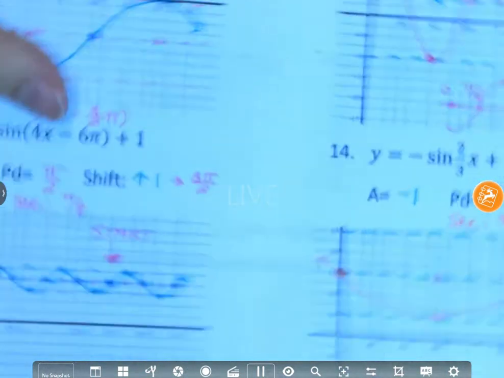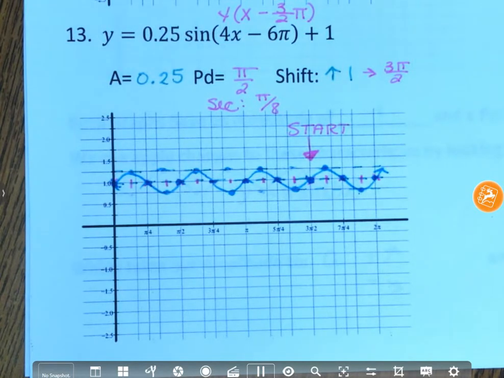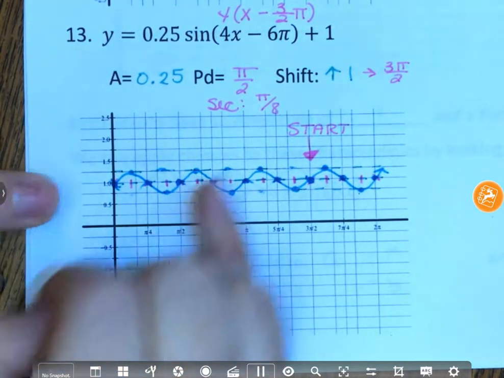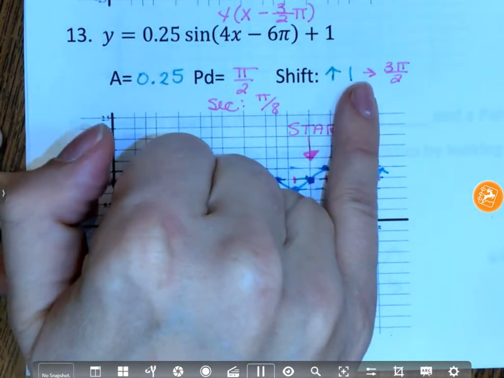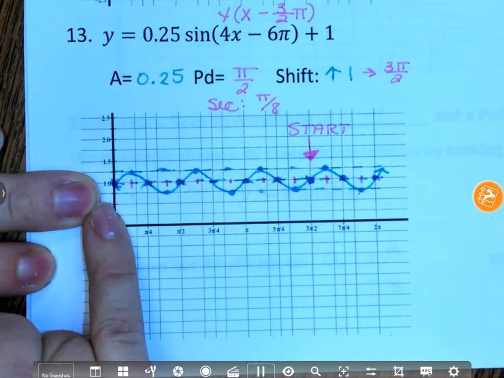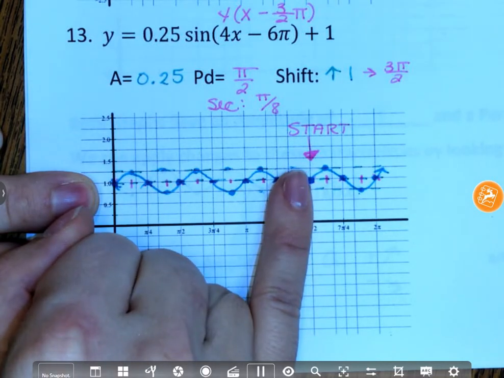Whoa, that's really wonky. So there's number 13. What I did is I said the period is pi over 2. And it was a right shift 3 pi over 2. It says, hey, I can move something to the right 3 pi over 2. So I did that. Here's 3 pi over 2. That's where I'm going to start.